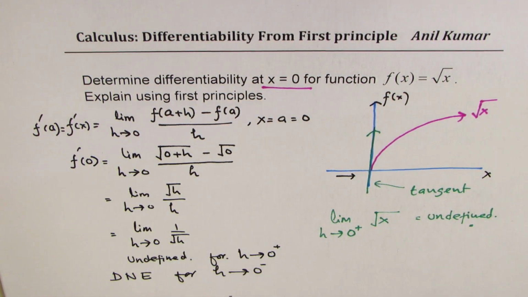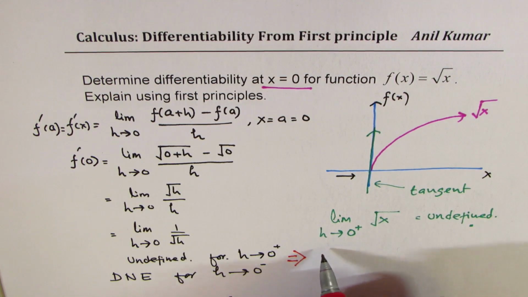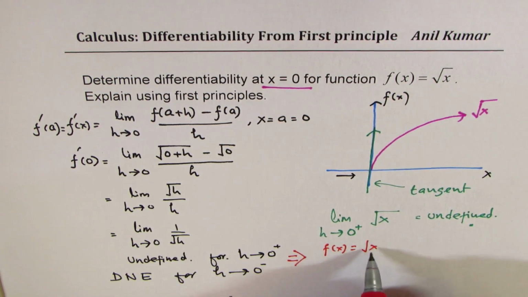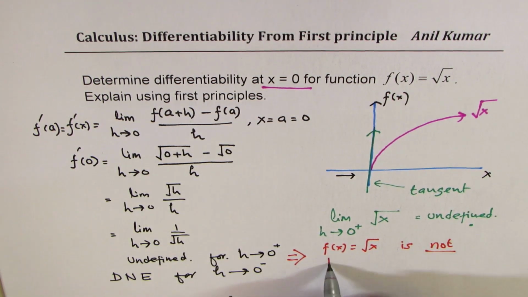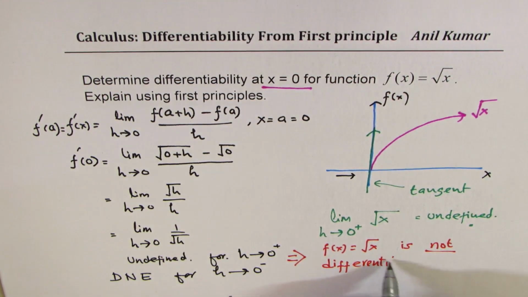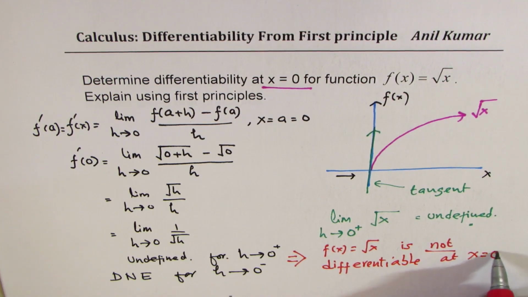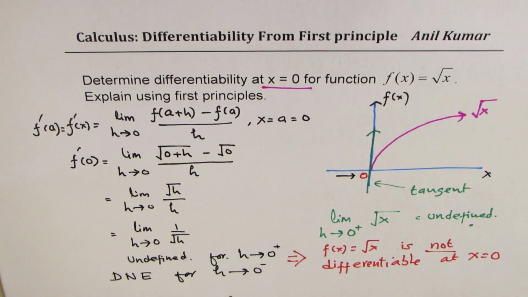And so the conclusion from here is that f of x equals square root of x is not differentiable at x equals 0. Perfect. x equals 0 is in the domain of the function. However, it is not differentiable.